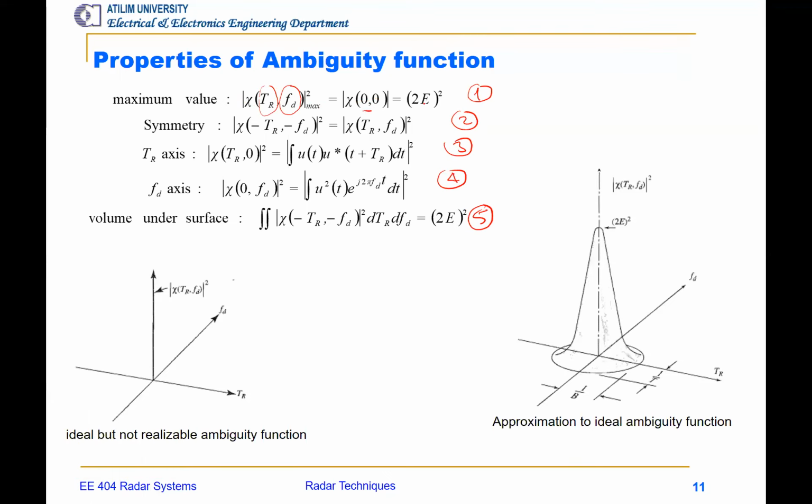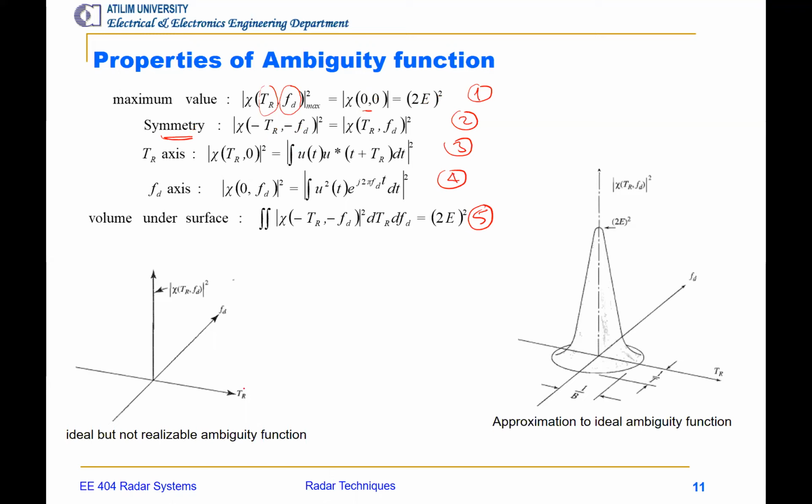Okay, it's simply related to the energy of the signal. There is a symmetry over the range and Doppler axes.